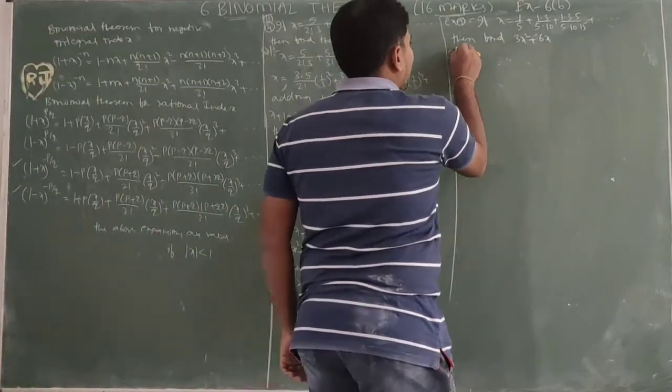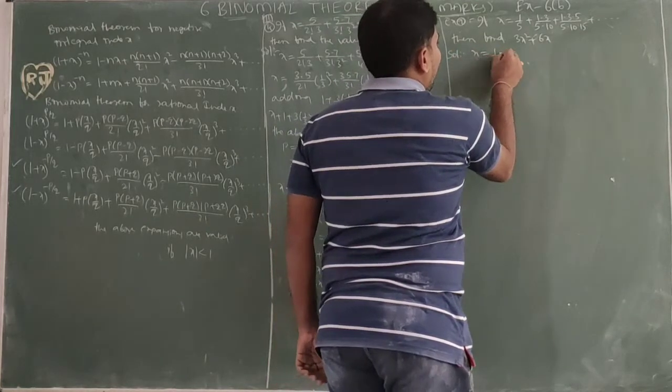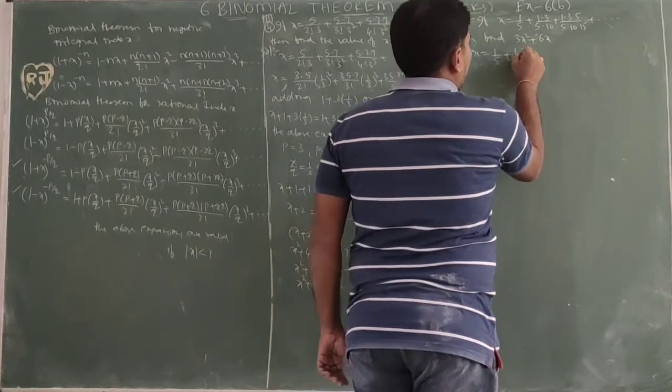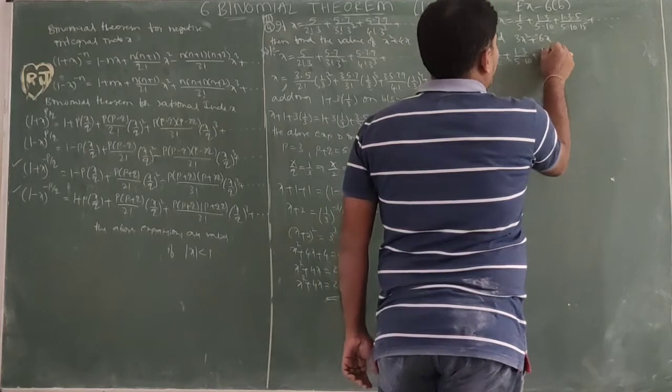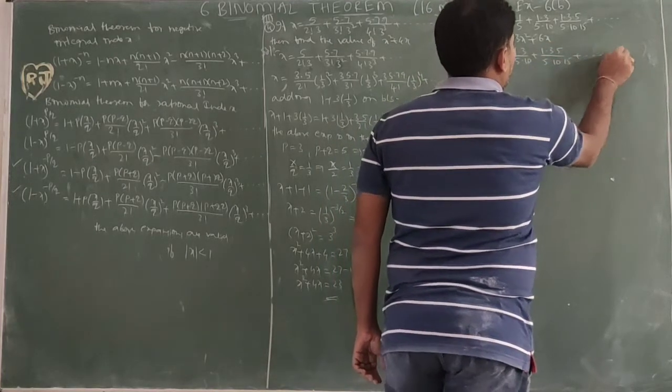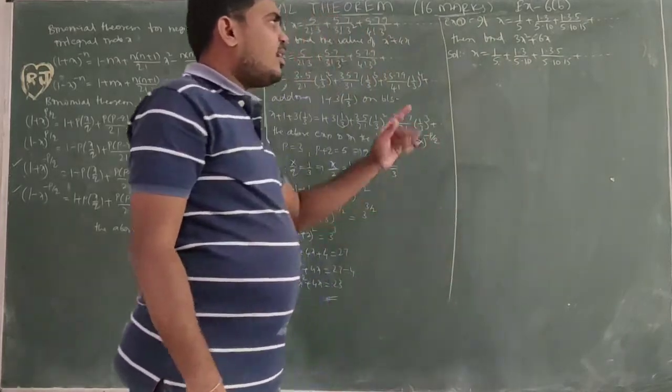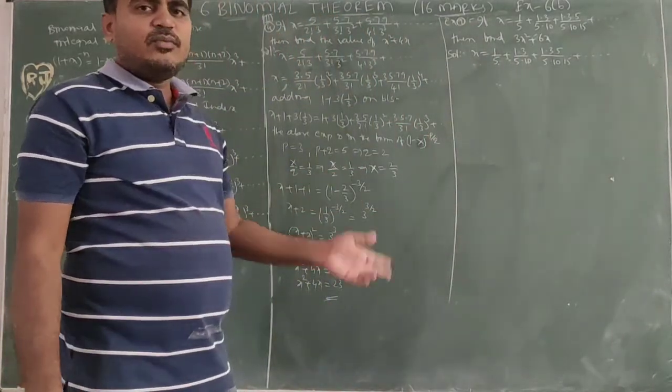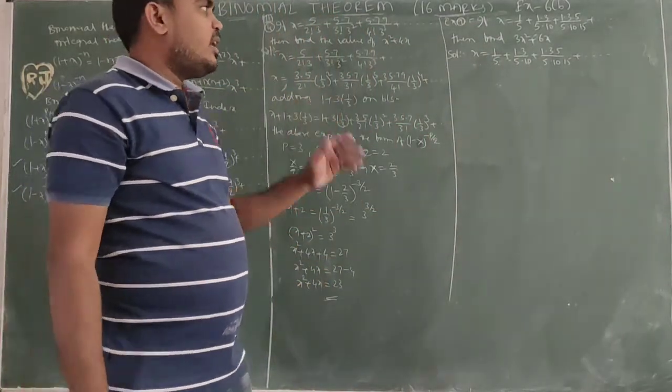First, what is given? x equals 1 by 5 plus 1 into 3 by 5 into 10, 1, 3, 5 by 5, 10, 15 plus up to so on. So the denominator is 5, 5 into 1, 5 into 2, 5 into 3 like that.